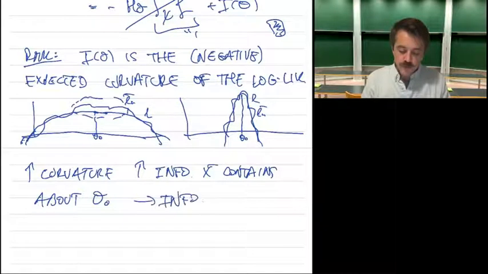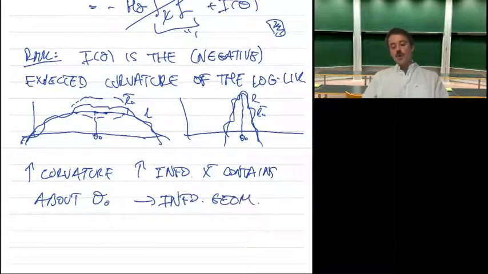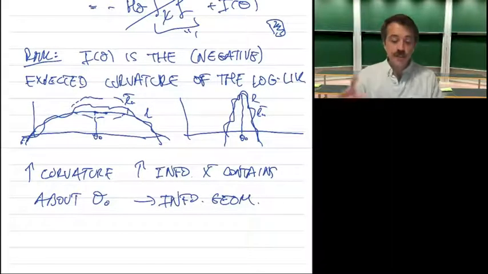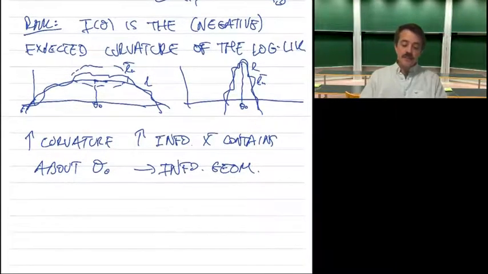And this is what is referred to as information geometry. I mean, the information geometry would be that geometry of the log likelihood, it's just the geometry of a log likelihood, that will then determine the information of a sample about a given parameter. So it's always relative to the parameter that we are trying to estimate or trying to understand. Yeah?